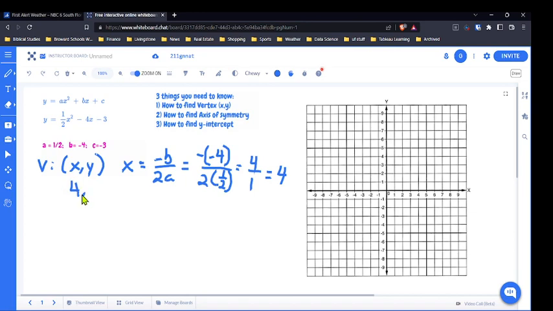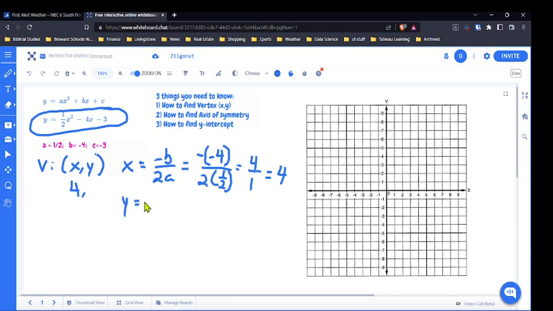Now I have to find y. Y is found using this equation right here, which I'm going to circle. In order to find y, I plug in the value I got for x into this equation, and then it'll give me y.